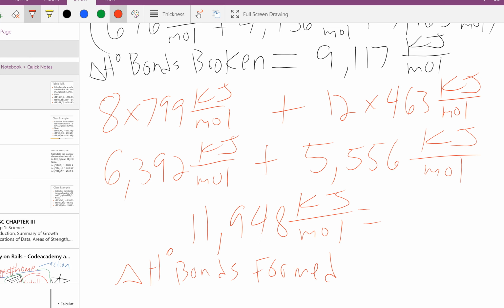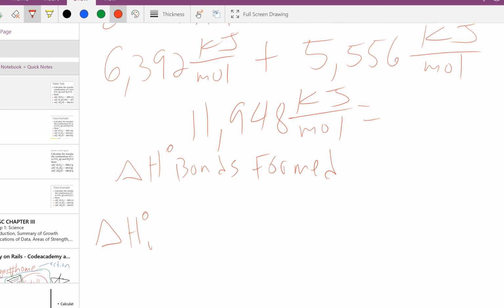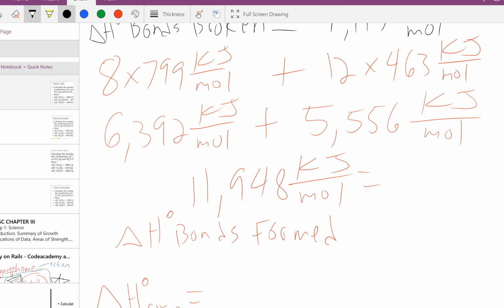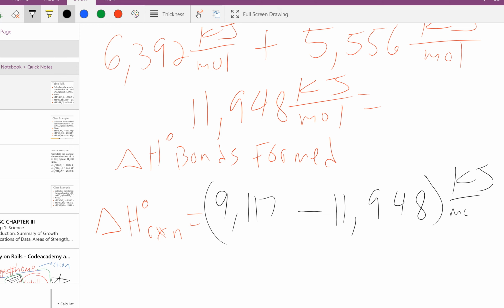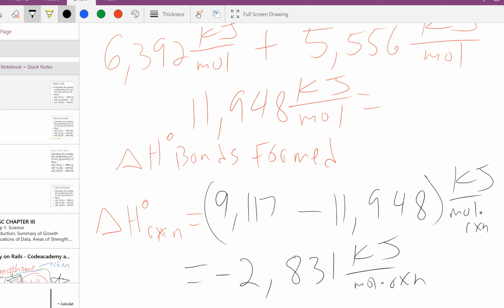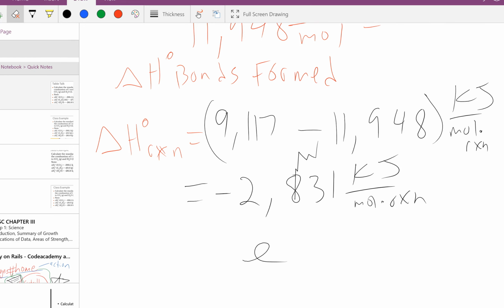Now, the standard enthalpy of reaction, delta H, is going to equal bonds broken minus bonds formed, which in our case is 9,117 minus 11,948 kilojoules per mole of reaction, which is going to equal negative 2,831 kilojoules per mole of reaction, or a pretty dang exothermic reaction based on our estimates.